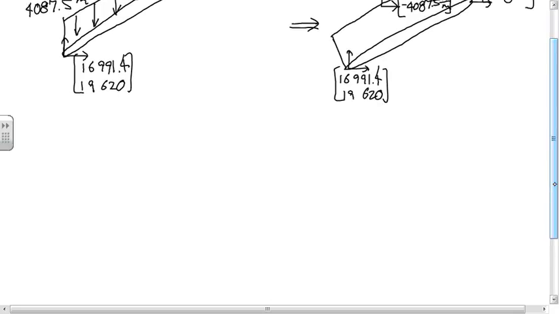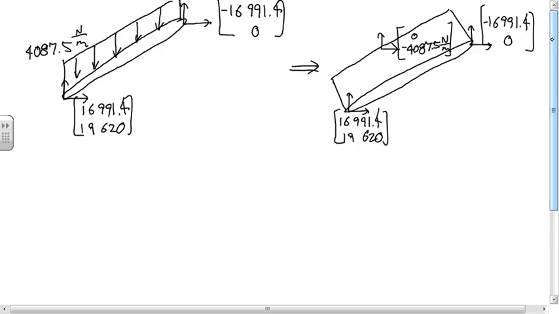Okay, so we have these all expressed in vectors, but we know that what we want to do now is we want to re-express these vectors.